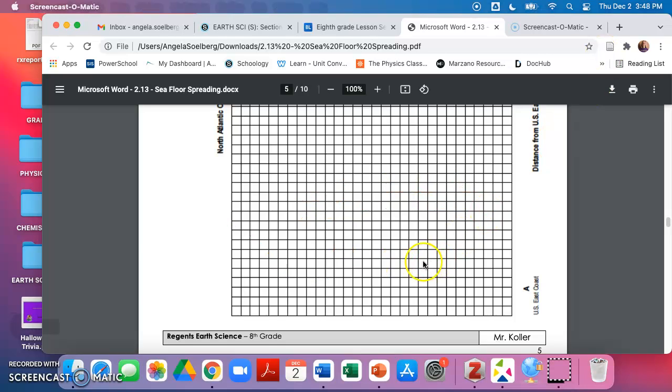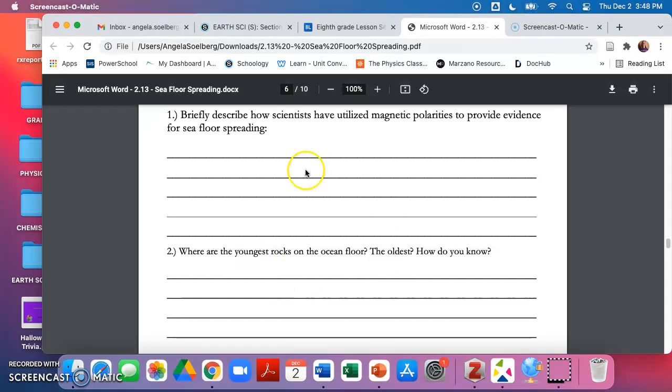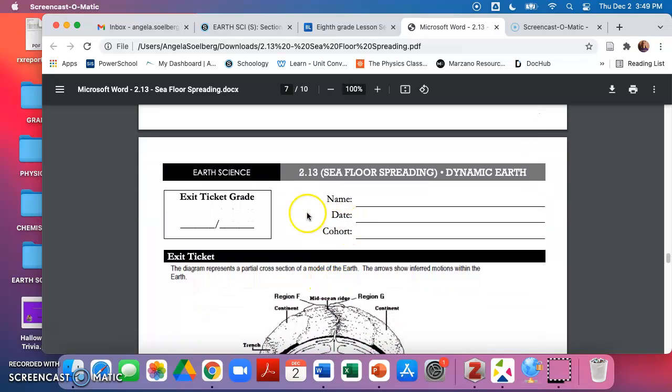Okay. When you're done with that, you are going to answer these 2 questions. This question might be difficult to answer at first. Okay. You might have to do the packet that says homework first. I'll show you why. But this one you should be able to answer. This is the sheet, mine doesn't say exit ticket grade, but up here it says seafloor spreading homework.